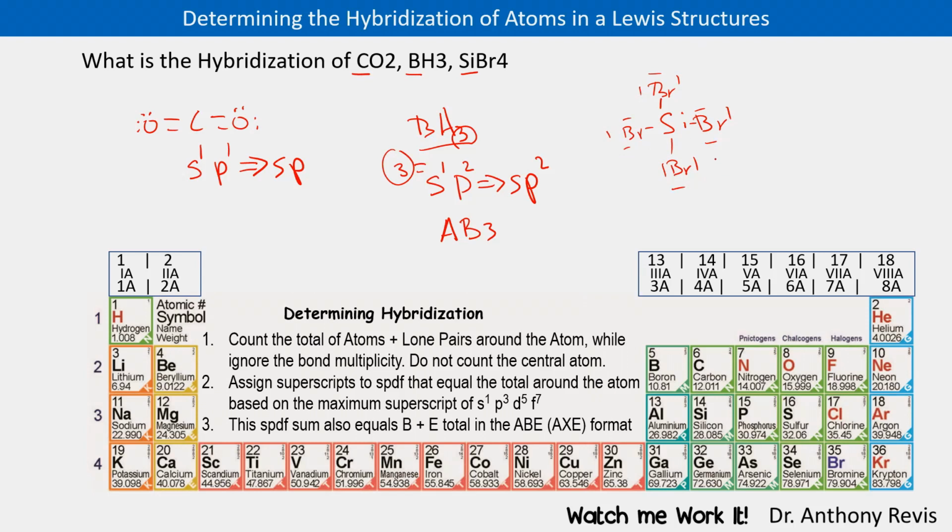It's SP3 because I have 1, 2, 3, 4 groups around silicon. Doesn't matter how crowded it is. I only care about the silicon. I don't care how messy it is out here. There's 1 there and 3 others, so that equals 4. We don't write the 1s again. So it's SP3.